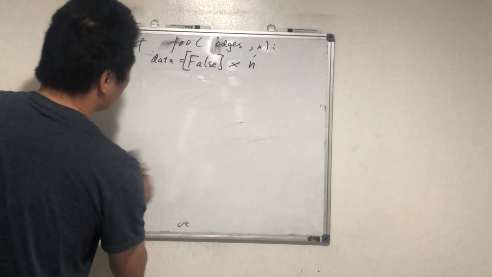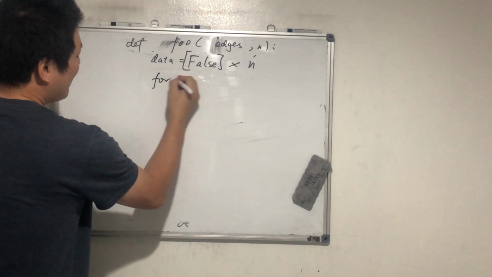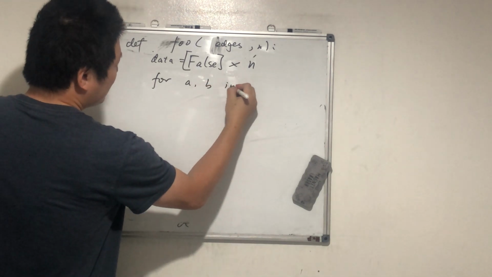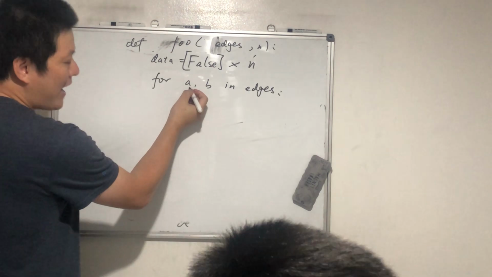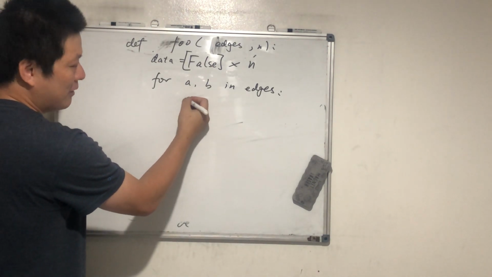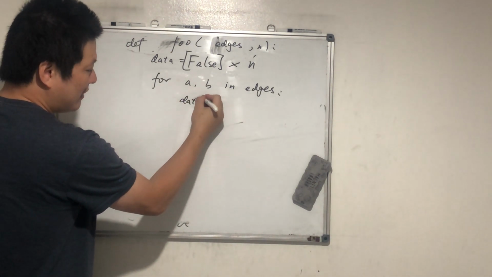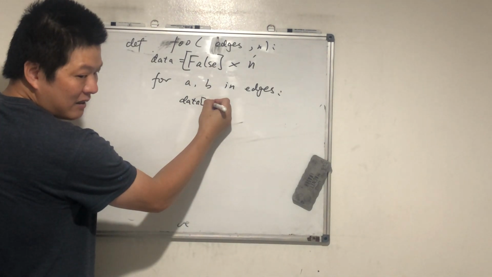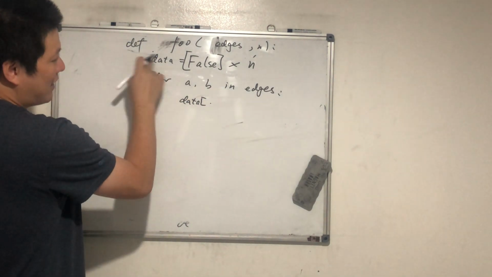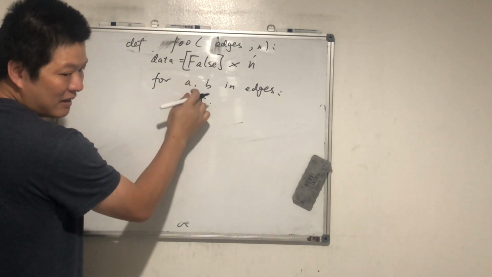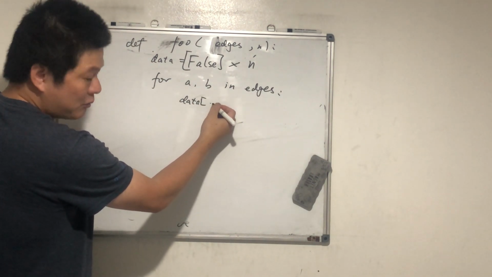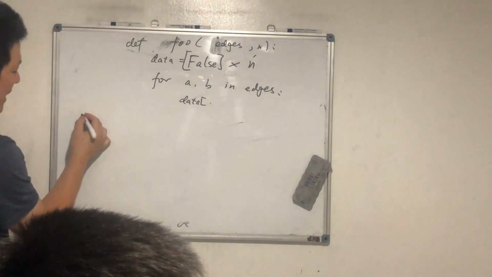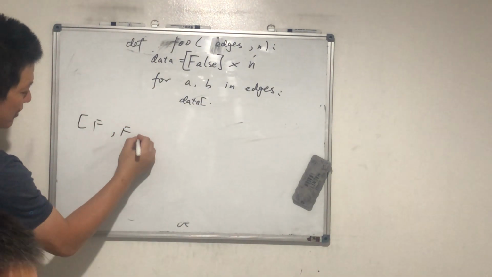So we have this false list, and then for A, B in edges, what should we do? A is friends with B. Look, at the beginning data at A is false.